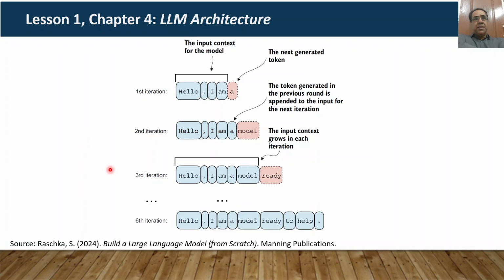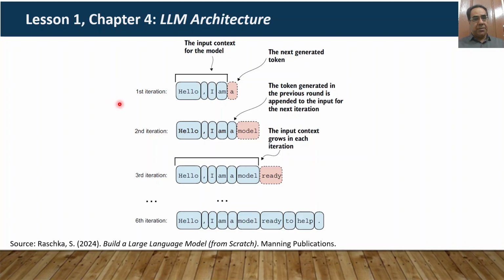This is the step-by-step process by which an LLM generates text, one token at a time. Starting with an initial input context, for example, "Hello, I am", the model predicts a subsequent token during each iteration and appends it to the input context for the next round of prediction.